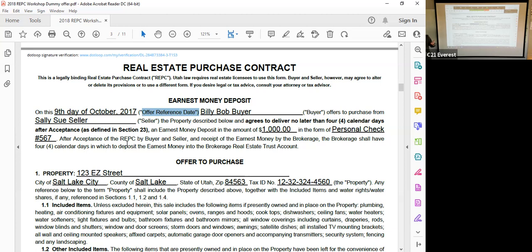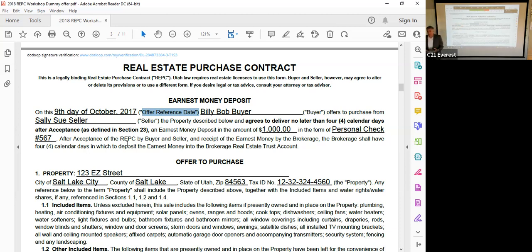A lot of times what agents will do is put in the date that the contract was accepted or signed as the offer reference date. But I want to make sure you're clear going forward: anytime it asks for the offer reference date, if you're filling out an addendum, a counteroffer or anything like that, this is the date you're going to put in there.